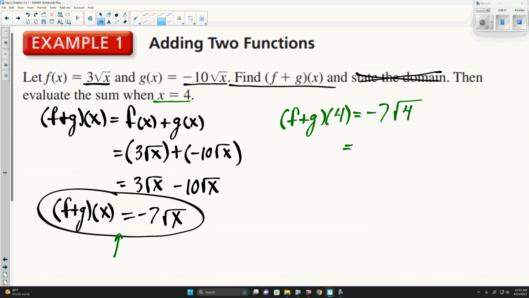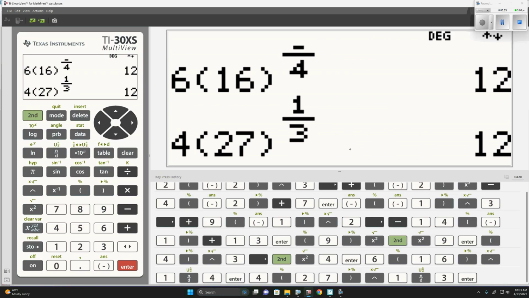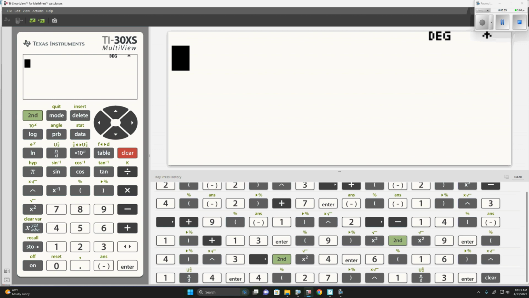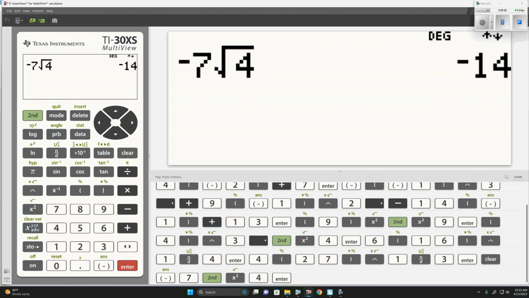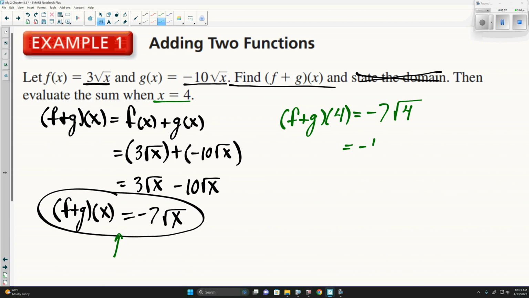Well, we can take the square root of 4 nicely, and we can do it by hand, or we can say negative 7 times square root of 4 and get negative 14. So f plus g of 4 is negative 14. And that's everything we have to do for this.